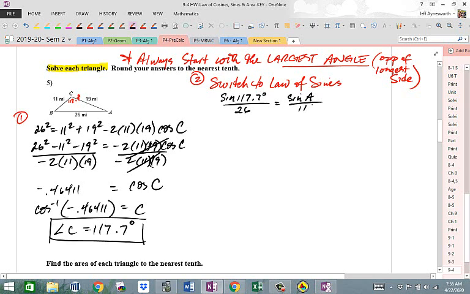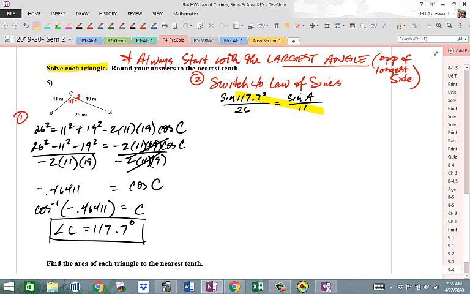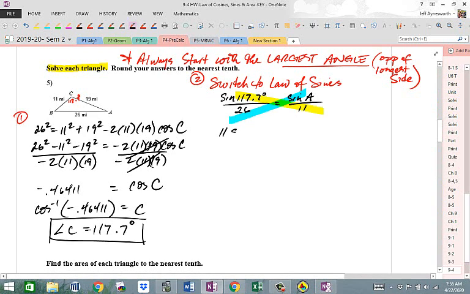Then you go ahead and cross multiply, like we always do in proportions. So what do we get? We get 11 times the sine of 117.7 degrees is equal to 26 times the sine of angle A, divided by 26.